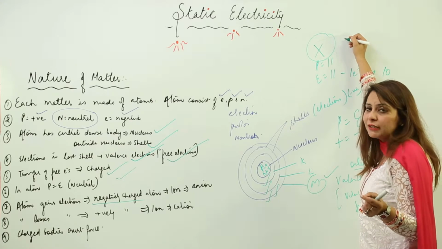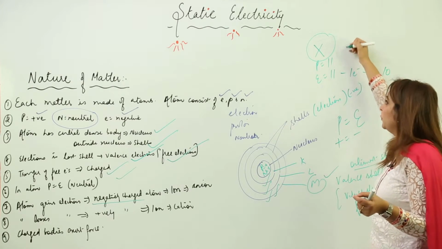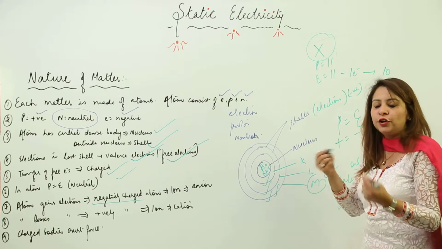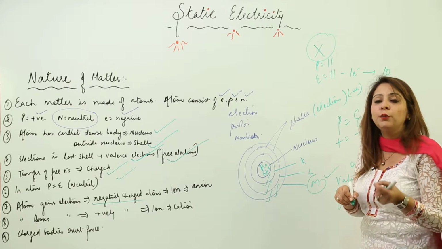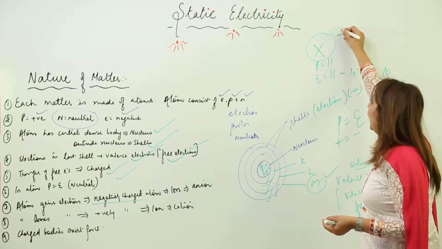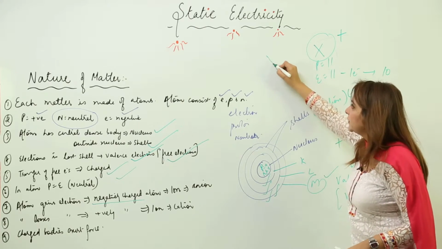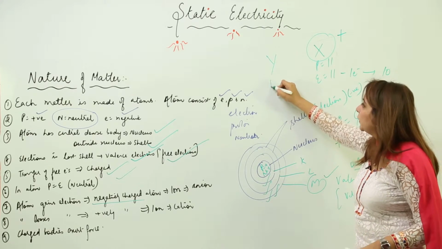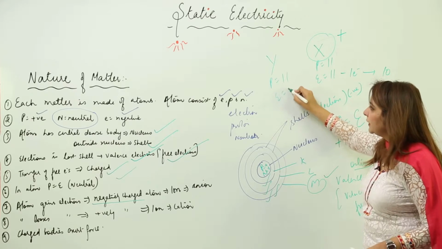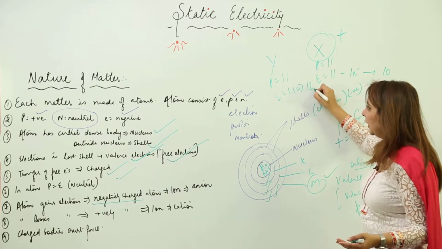And what kind of charge is it going to acquire? Positive or negative, depending upon which number is more. Because proton is more, it is going to acquire positive charge. Likewise, if there is another atom Y with 11 protons and 11 electrons, and it gains one more electron, it becomes 12.